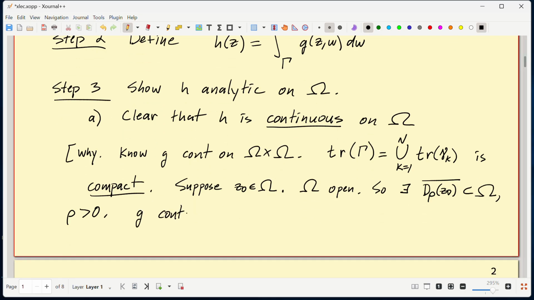on a compact set, on a compact D rho of Z naught, which is closed and bounded, cross the trace of gamma. And so it's uniformly continuous on that.